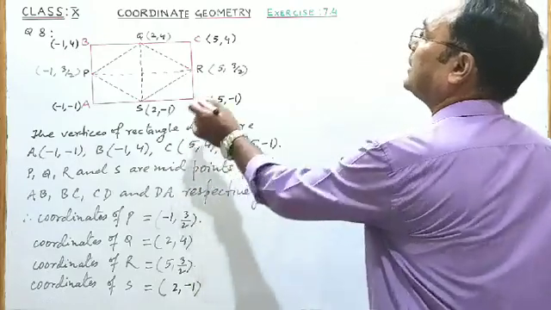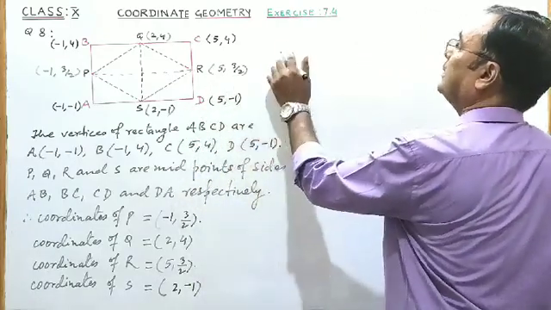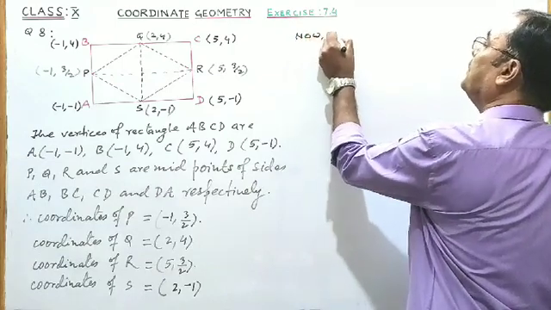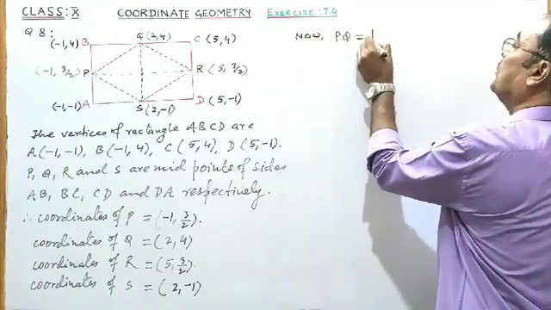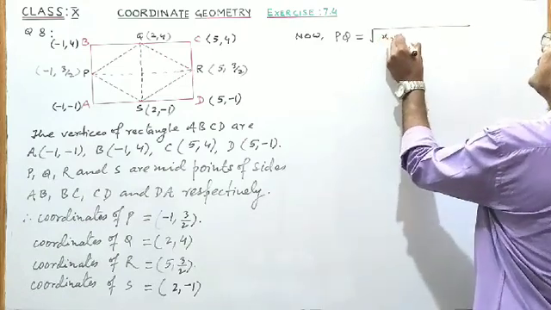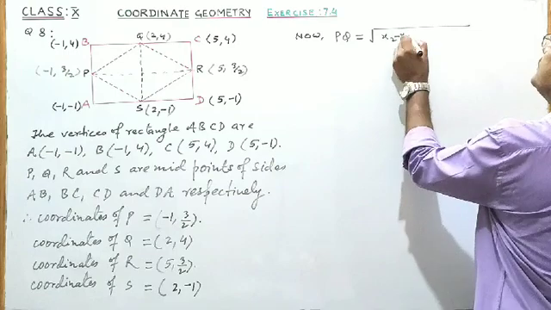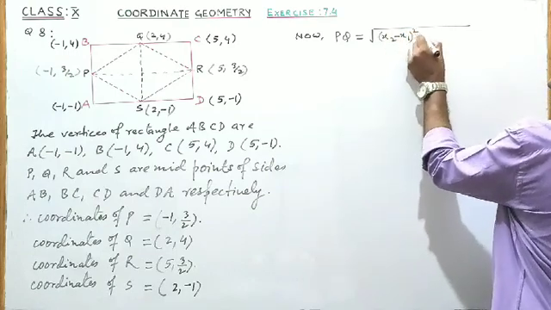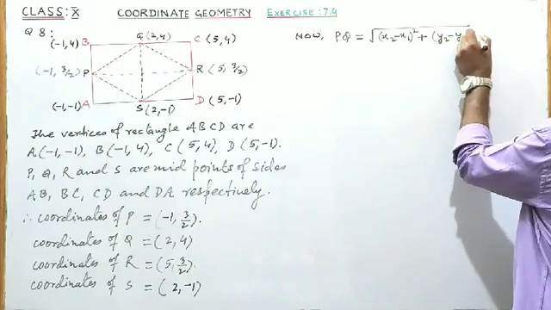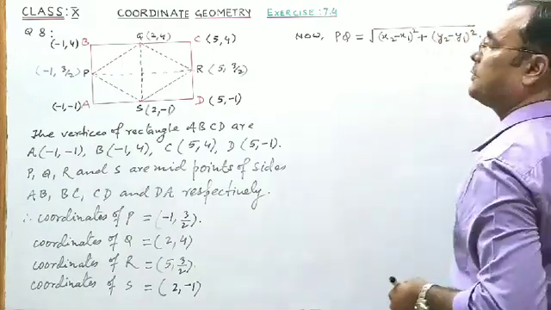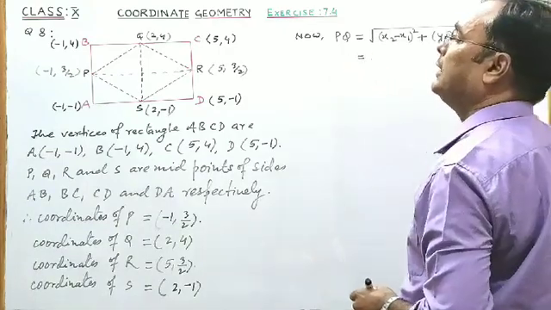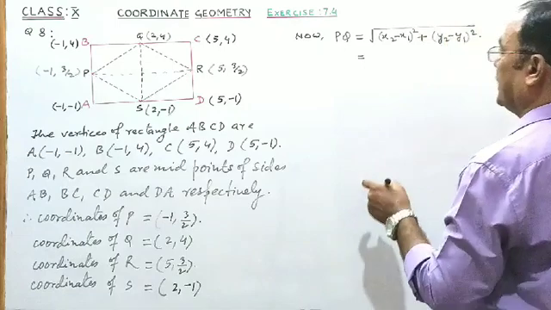So let us find sides of this quadrilateral PQRS. So now PQ is equal to the square root of (x2 minus x1) whole square plus (y2 minus y1) whole square. This is the distance formula we are using here to find length of side PQ.